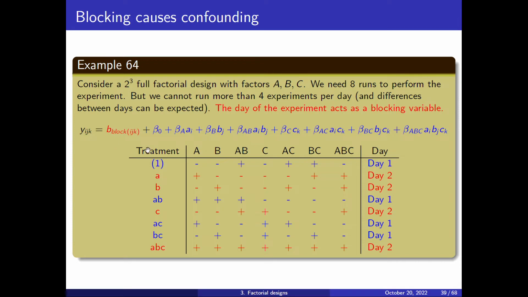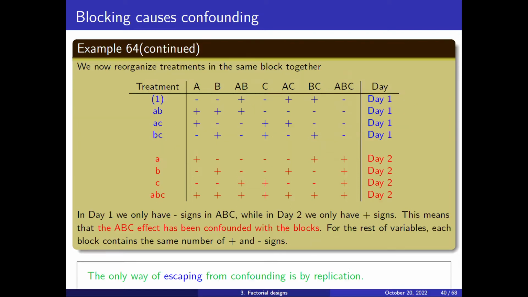But we have added the block, and we have only 8 runs, and we have to estimate 9 parameters. So we see that we have a problem. Not all of them can be estimated.